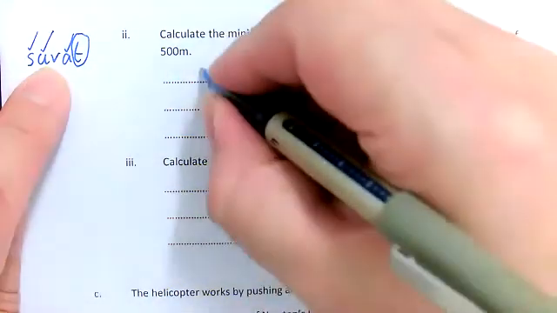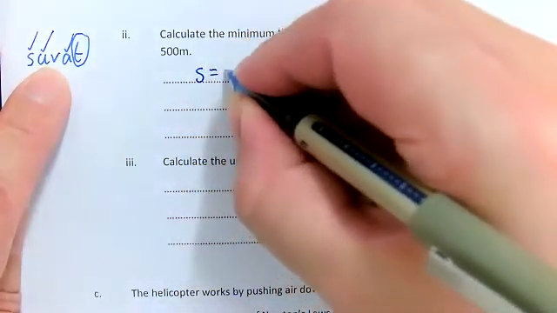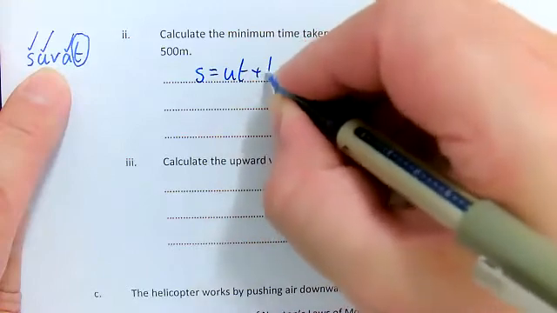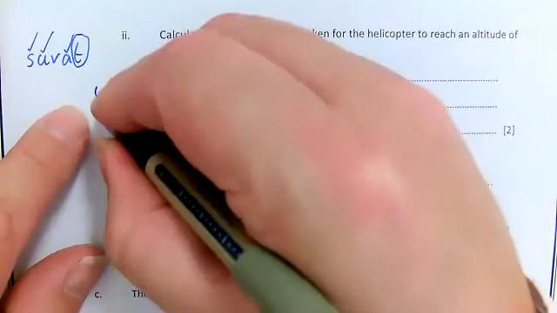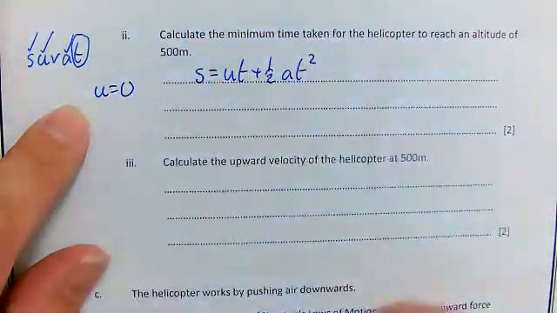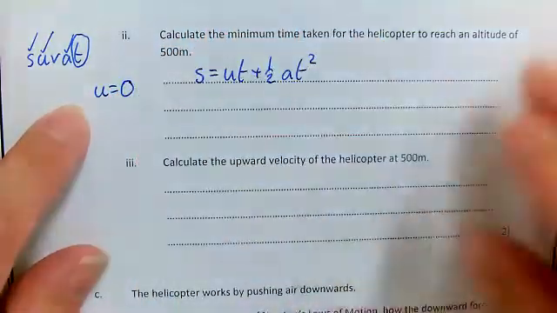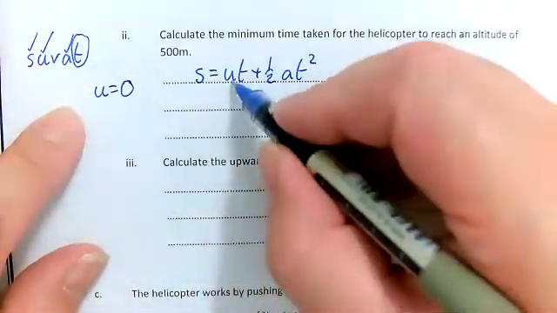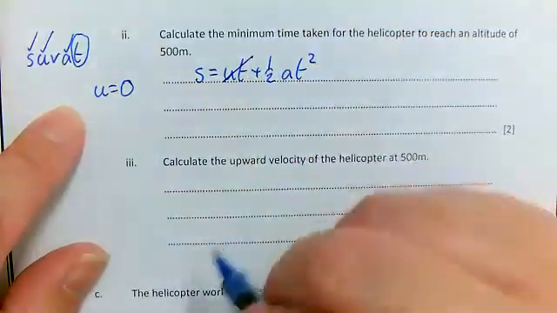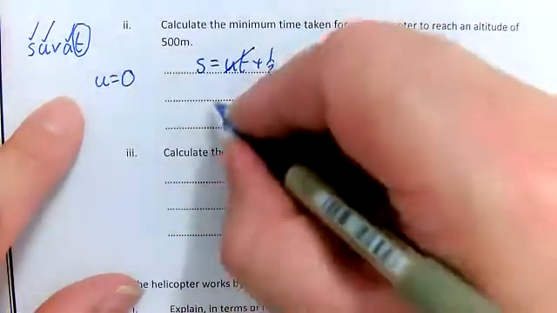The only one that will do that is S equals UT plus a half AT squared. We know that U is 0 because it's taking off, so it's obviously stationary while it's on the ground. So that's 0 times T, so that just disappears. So you want to make T the subject.